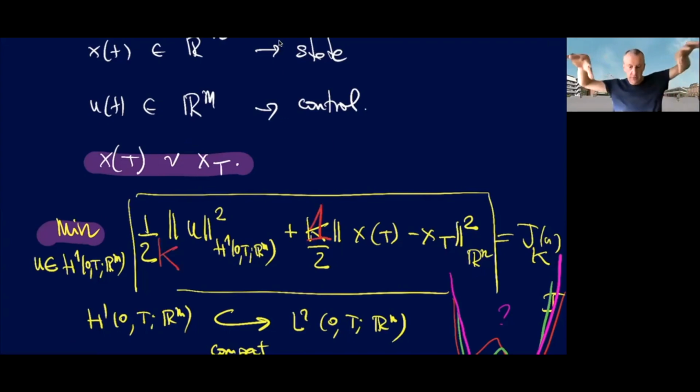Because from the previous functional in yellow to the new functional in red, the only thing I have done is to multiply the value of the functional by 1 over k. So the minimizer is the same. Of course, the value of the functional has been divided by k, but the location of the minimizer, the control u I get, is always the same.